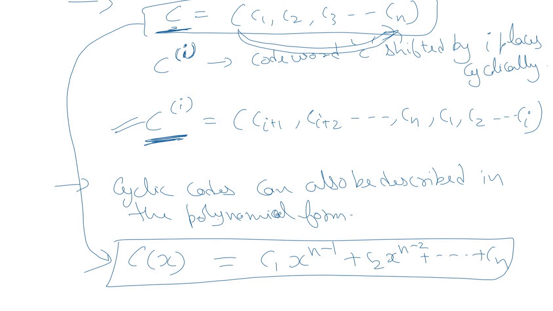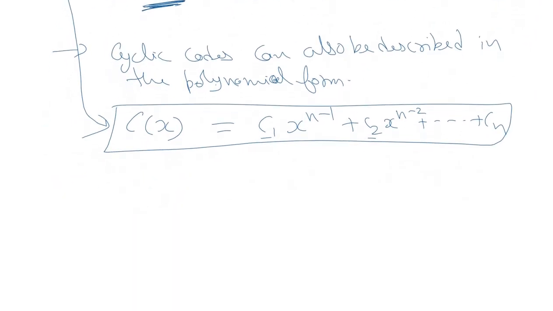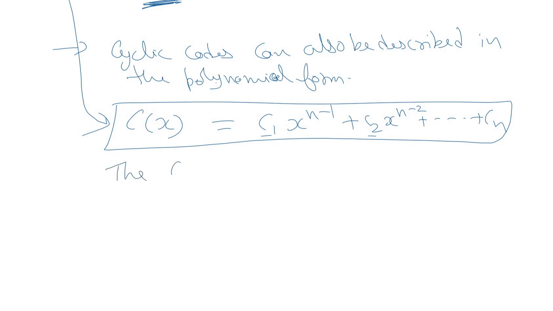Here, the coefficients C1, C2, up to Cn of the polynomial can be either 0 or 1.